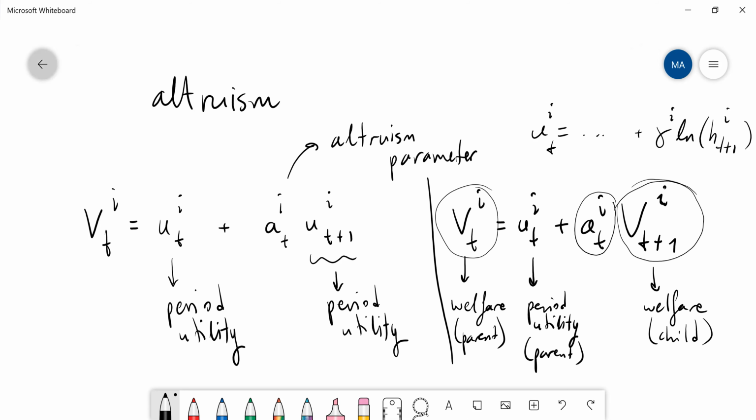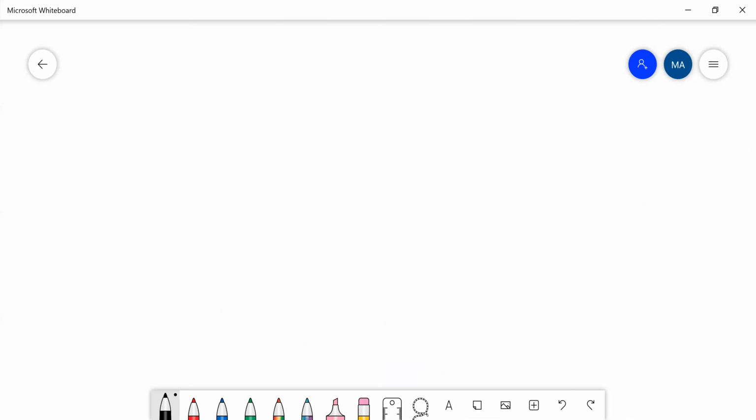Well, it may be my own parents, right? So I'm taking a decision, so I care about my period utility. Then there are two altruism parameters. One altruism parameter at t is for my child's, okay?